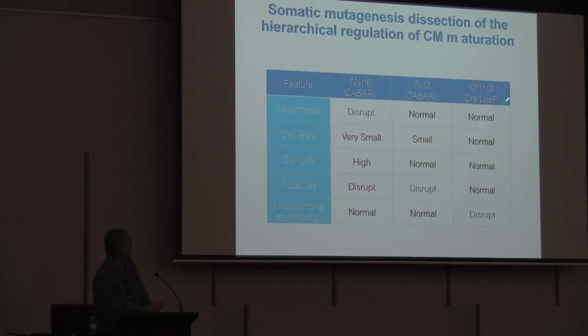If you disrupt mitochondria using mitofusin 1-2 knockouts, or TFAM knockouts, or dominant negative DRP1 expression, surprisingly, you don't affect any of these aspects of cardiomyocyte morphology, which is sort of opposite to the conclusion that Enzo presented previously.